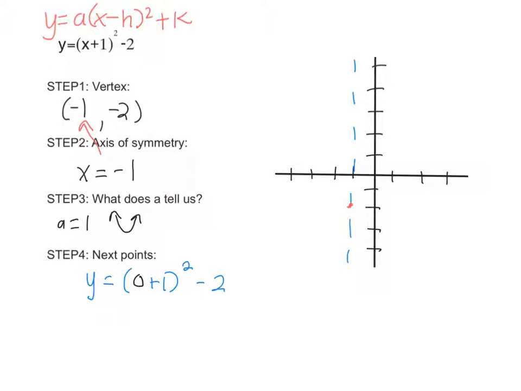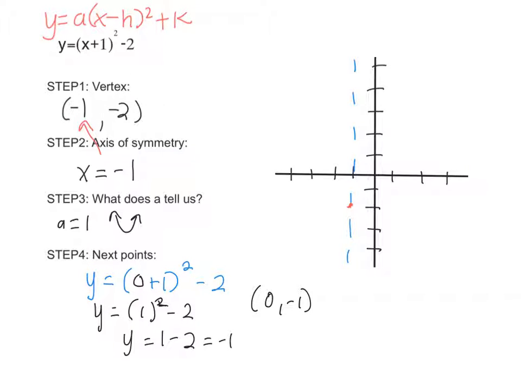And now I'm going to do good algebra using order of operations to get that y will be 1 squared minus 2. And then y is 1 minus 2, which means it's -1. So my next point is the ordered pair 0, -1.